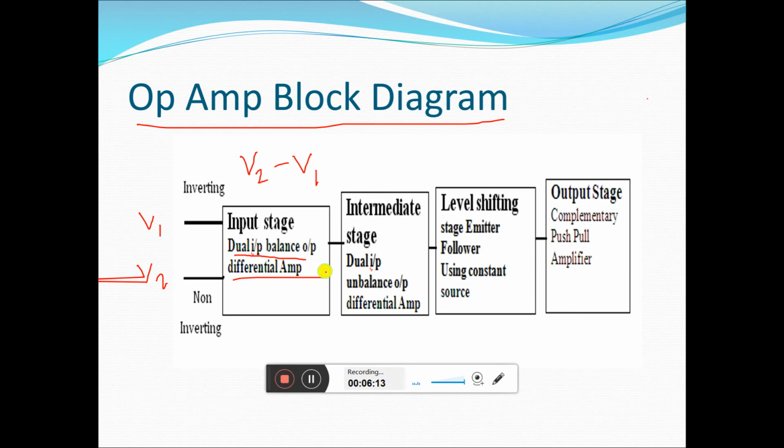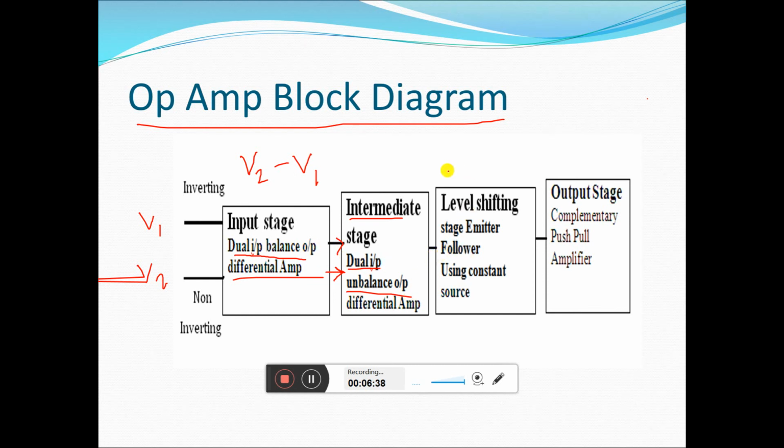Dual input and dual output means balanced output, two inputs and two outputs. The next stage is the intermediate stage, which consists of two or more dual input, unbalanced output differential amplifiers. Why unbalanced? Because there are two inputs and only one output.